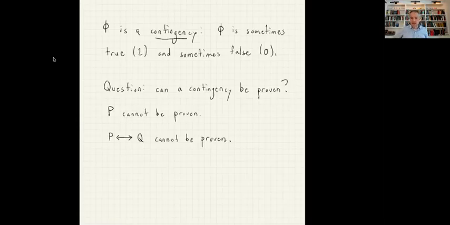Now, one last question in terms of what can or can't be proven. Consider the following, at first somewhat funny looking sentence: P if and only if Q, or Q if and only if R, or P if and only if R. The question: can this be proven or not?